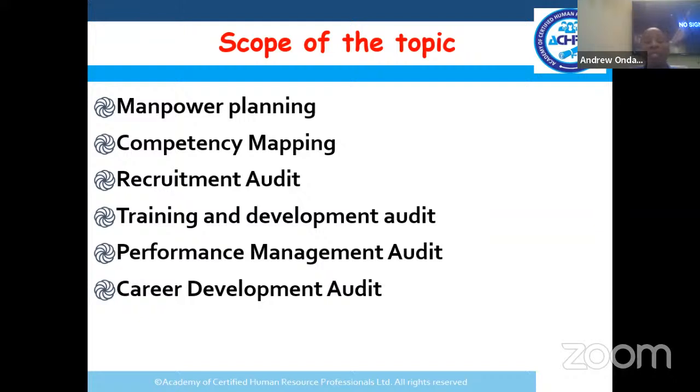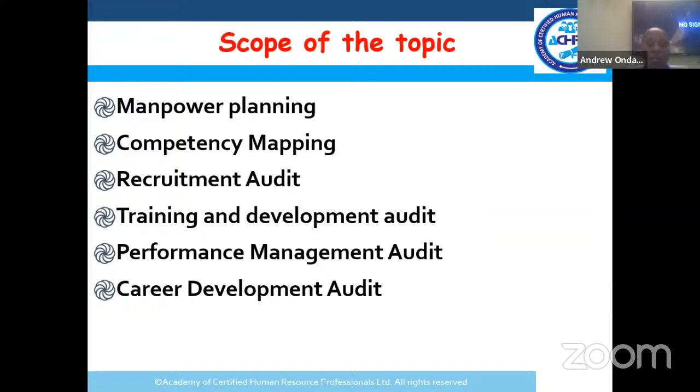We will mention various methods that we can use in the performance appraisal and management process. Let me also mention that performance management is a broad process, and performance appraisal is a component of this process. So it is a system as it is, as I have mentioned in HR auditing, HR systems audit.